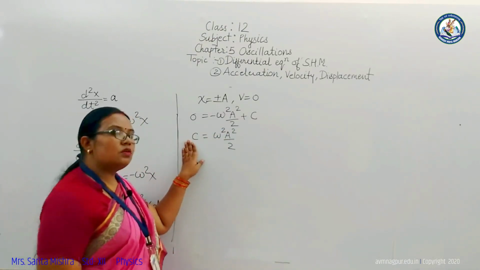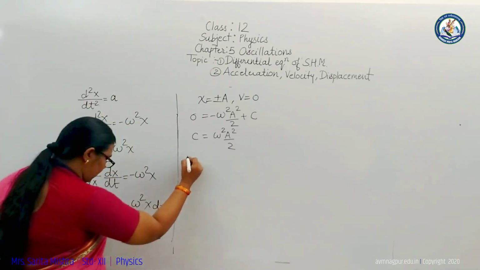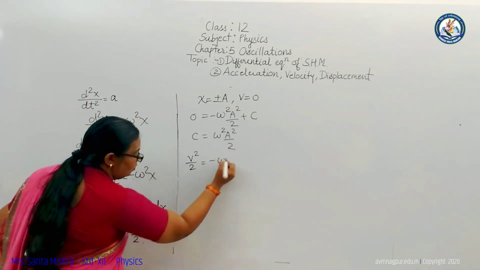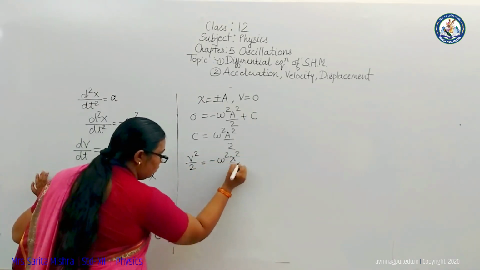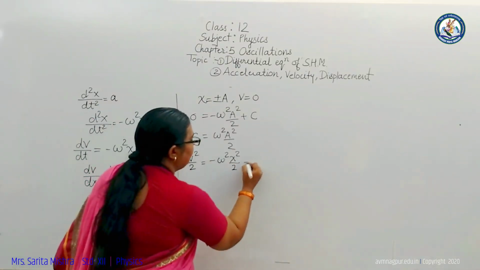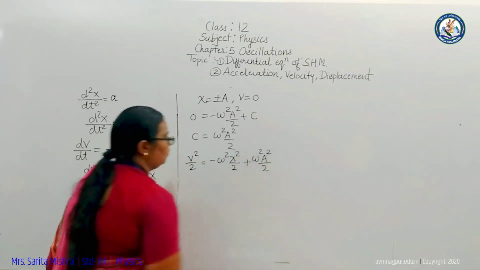Now putting this value of the constant of integration in the equation, we get v square by 2 equals minus omega square x square by 2 plus omega square a square by 2.